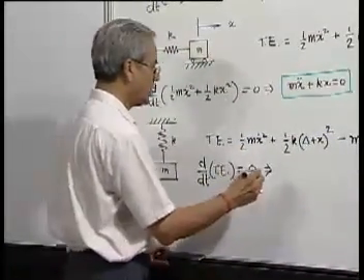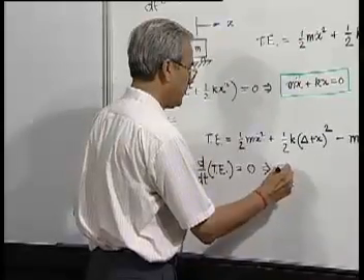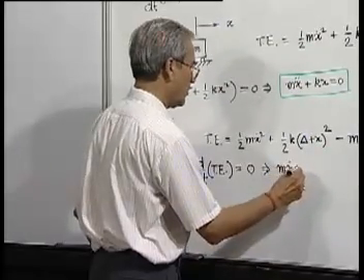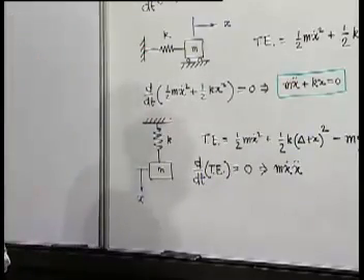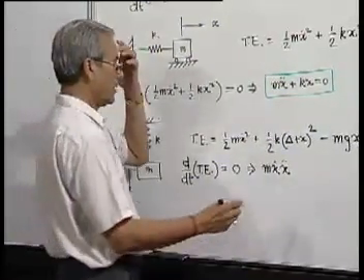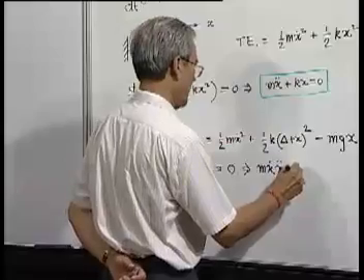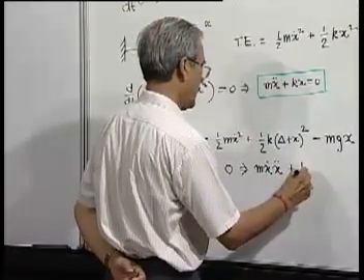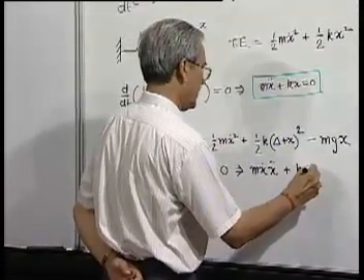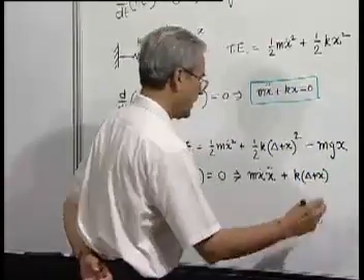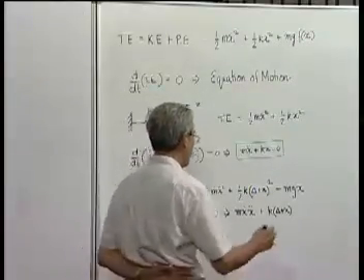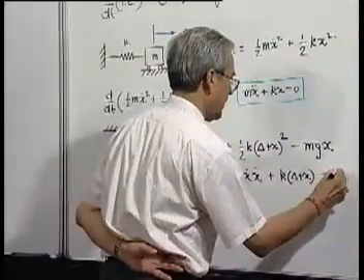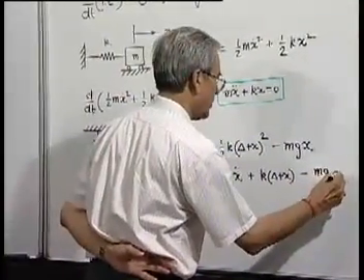Differentiate this with respect to time, it will be m x dot x double dot plus k delta plus x minus m g equal to 0.